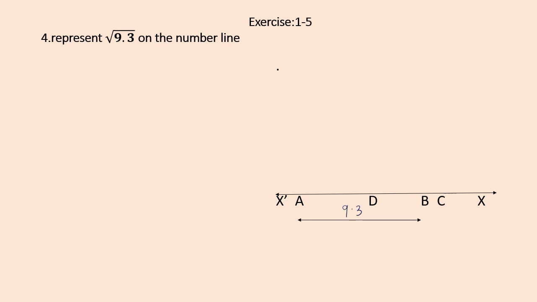And from B, you have to mark a point C such that BC equals 1 unit. Now, you find the midpoint of AC and mark it as D. You can find the midpoint by using the scale or by drawing the perpendicular bisector. Wherever the bisector is intersecting, mark the point as D.